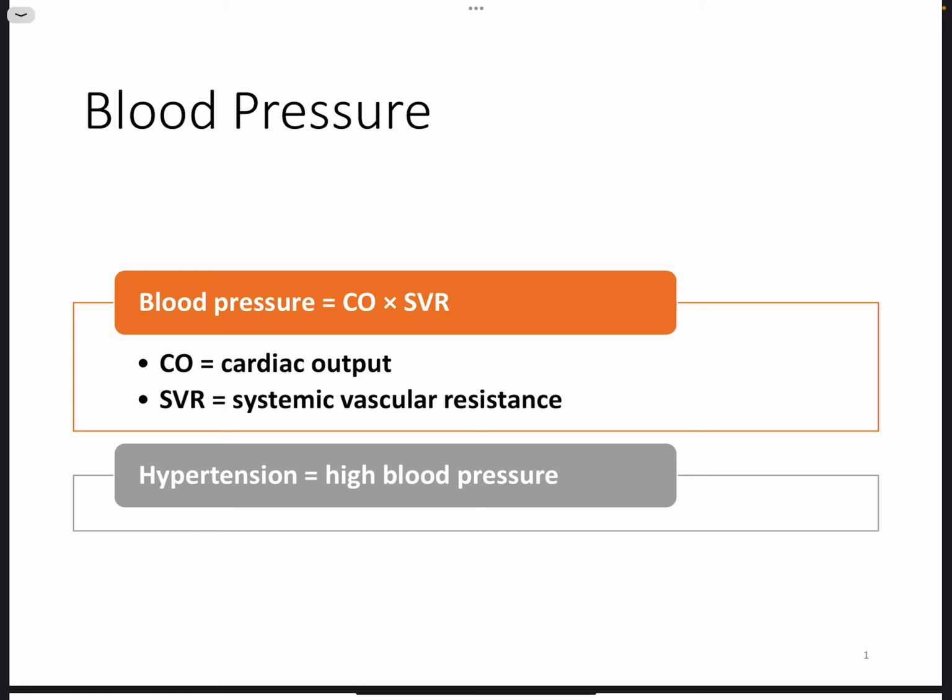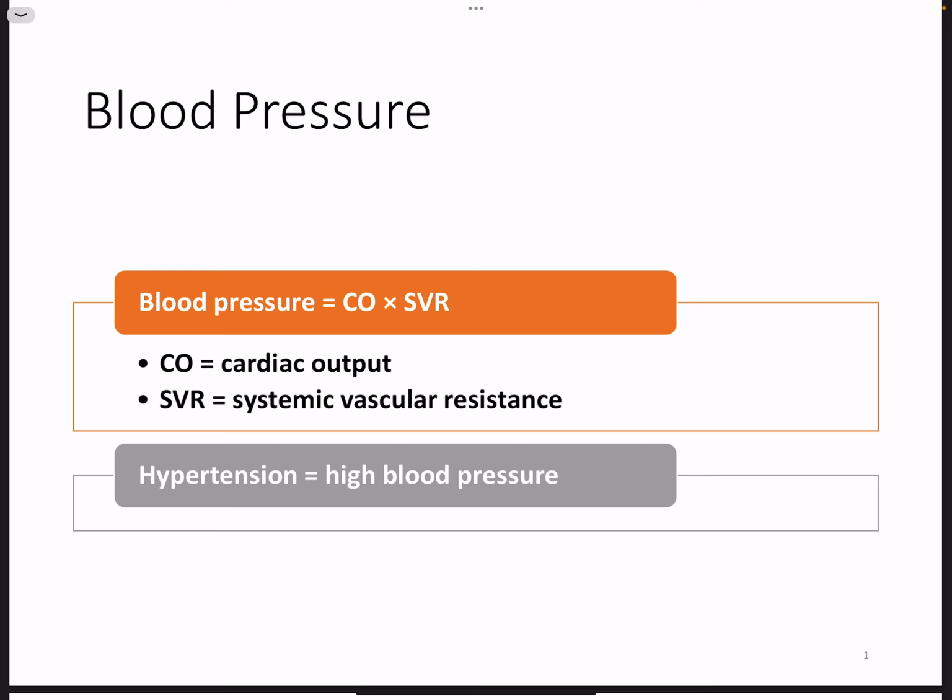Now the definition that you have already taken in physiology for blood pressure, that it is CO times SVR, and you know CO stands for cardiac output, and SVR stands for systemic vascular resistance. We use mostly two terms.